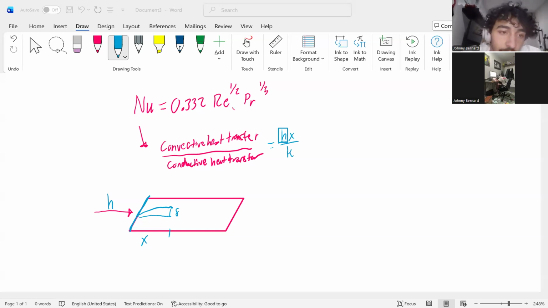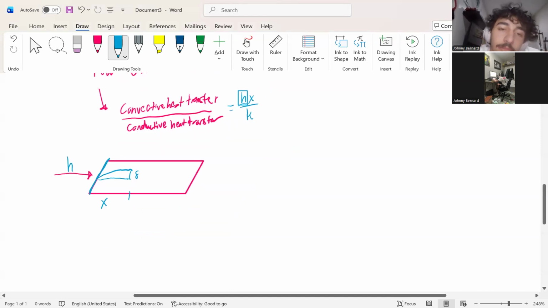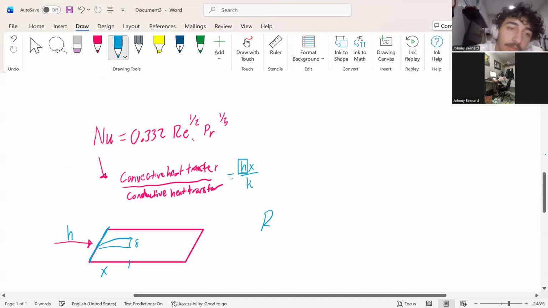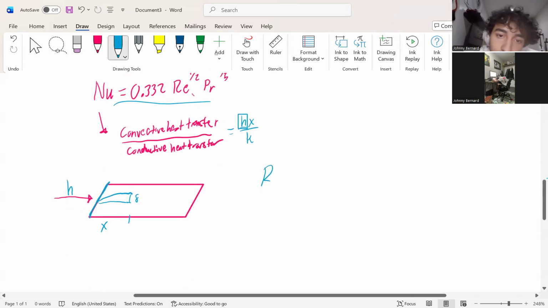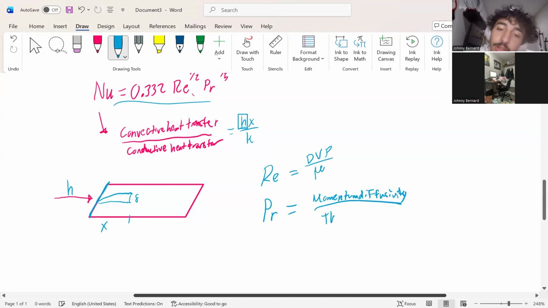And how to maximize our h is we're going to break down this equation where we have the Reynolds number equation, which we learned in our past class of fluid mechanics to be diameter times velocity times density all over the viscosity, as well as Prandtl's number equaling momentum diffusivity over thermal diffusivity.